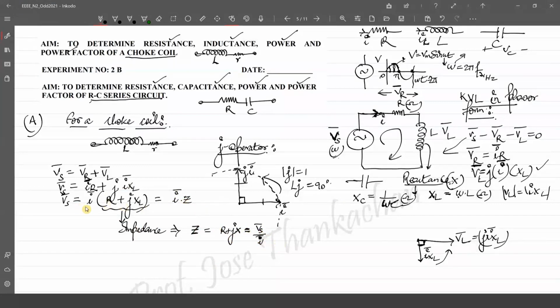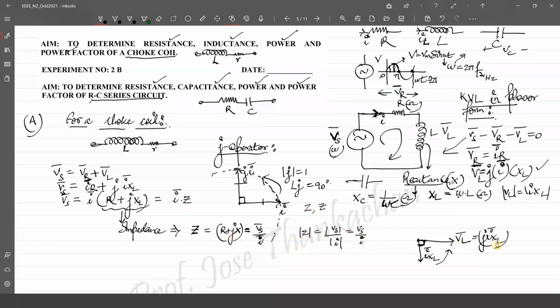Vs divided by I is nothing but Z. Now if I ask you what is the magnitude of Z, you can write Z like this or like this, any way. So the Z magnitude will be the magnitude of Vs divided by the magnitude of I. That will be the impedance magnitude, in terms of R plus JX.